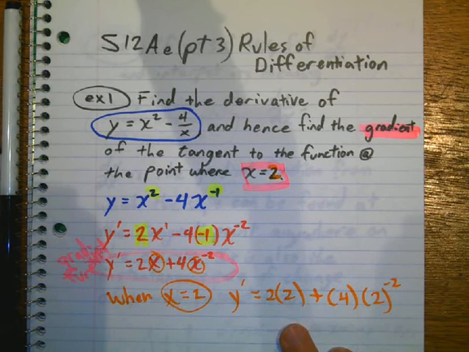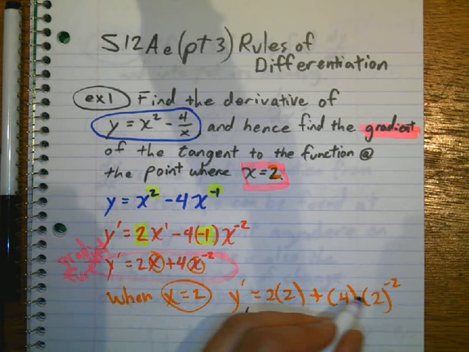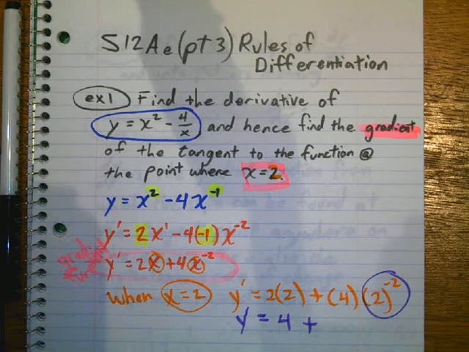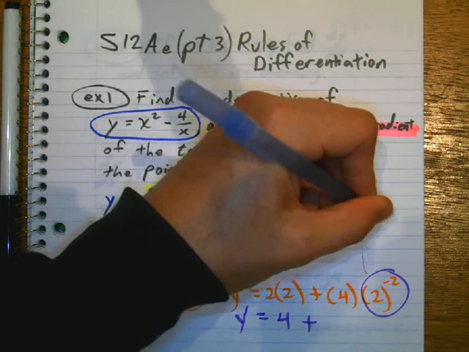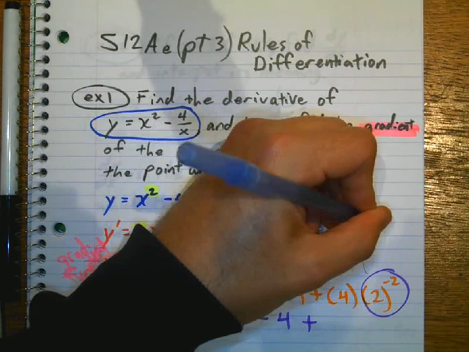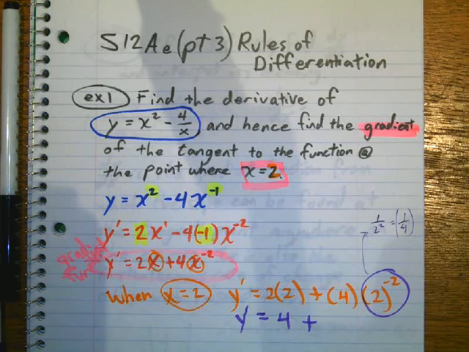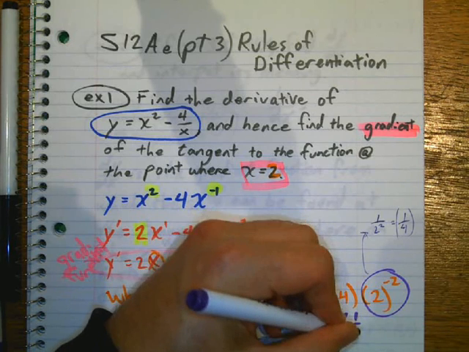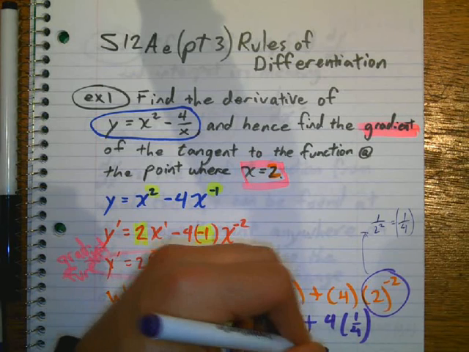So now I get y prime equals 4 plus 4 times 1 over 2 squared, right? Which equals 1/4. So 4 times 1/4 is 1, and I have y prime equals 4 plus 1, which equals 5.